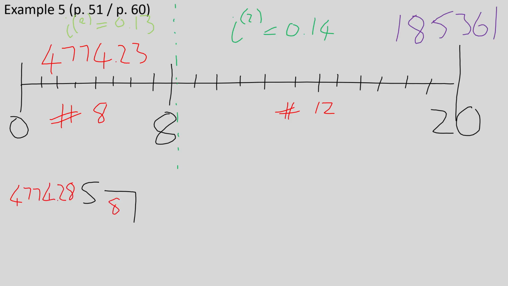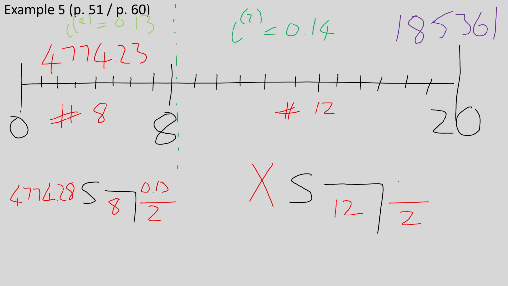That's running for 8, and it has a rate of, so used to monthly, this half yearly, of 13%. Then there's a new annuity. I don't know what the payment is, X, but that will be for 12, and that is a new rate of 14%.